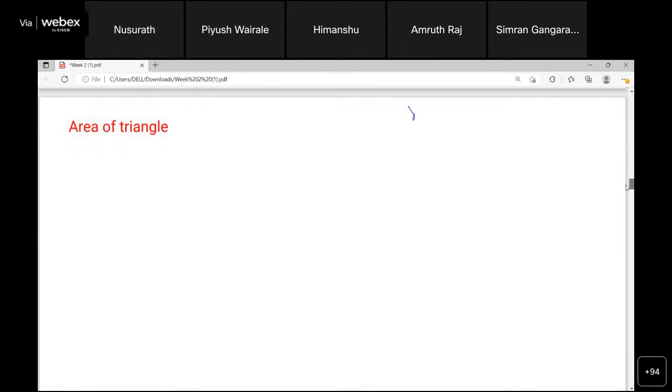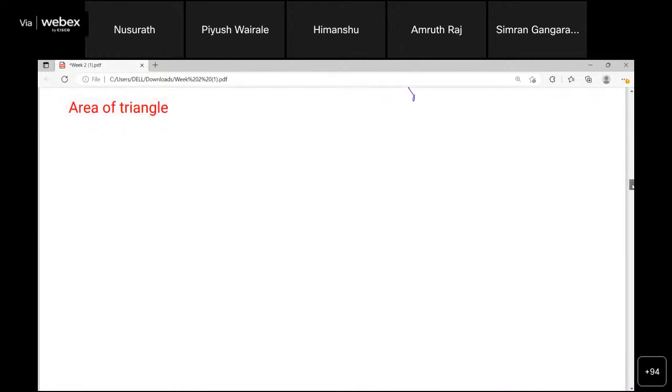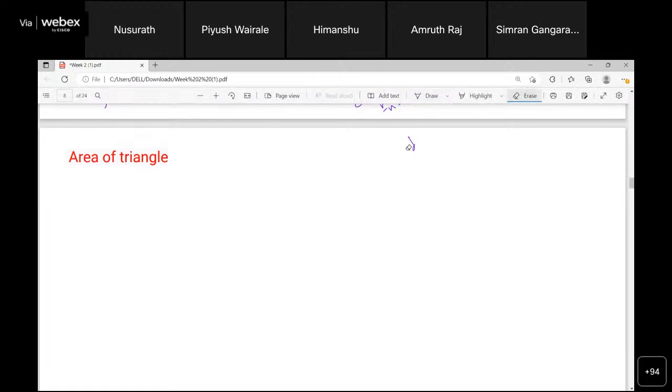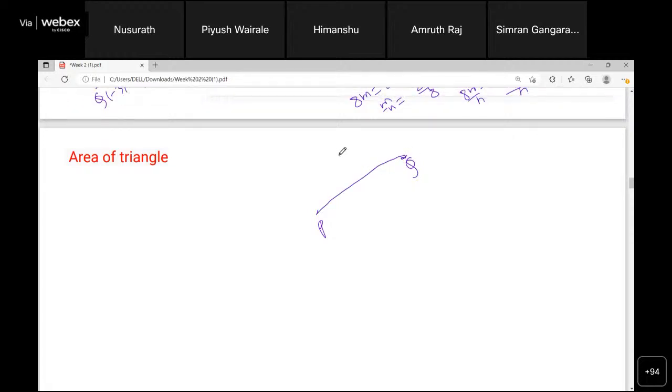Okay. So now how to find out the area of a triangle. As we discussed, say suppose this is point P and this is point Q, and our origin is not lying on this particular line. Say this is the origin, and I can say this will form the triangle, right? Just like this. If the 3 points are not collinear, then we can say it will form a triangle, right?